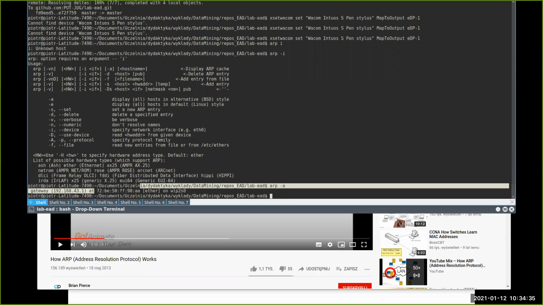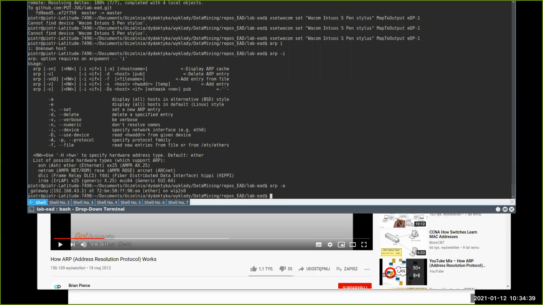So if someone updates the gateway MAC address, all messages intended to be sent outside will be sent to this node.